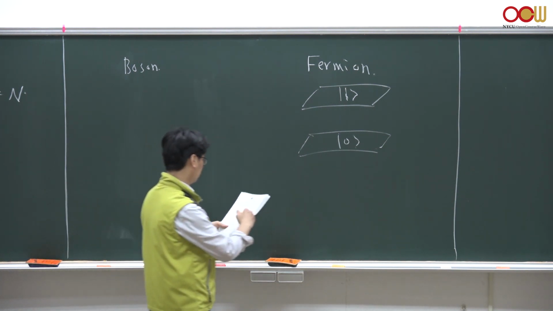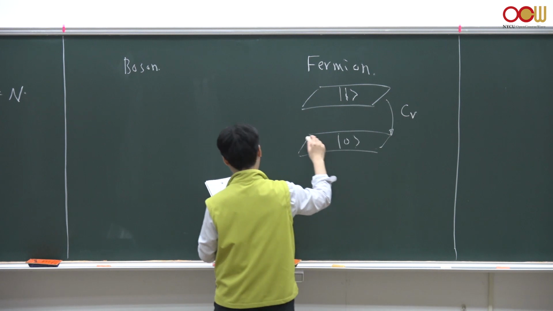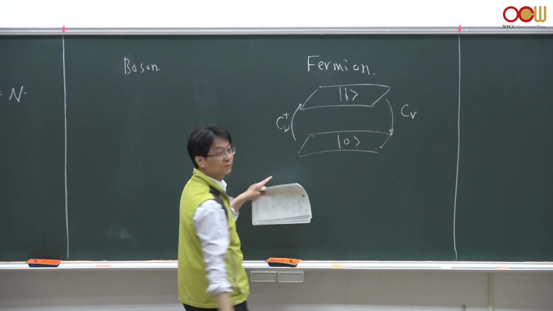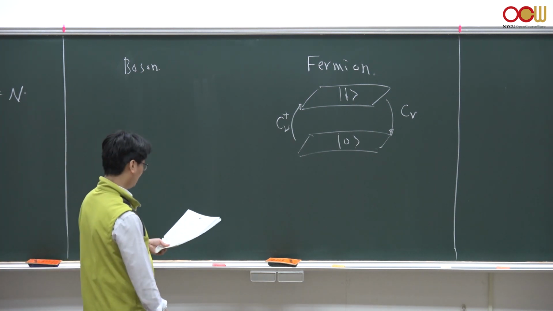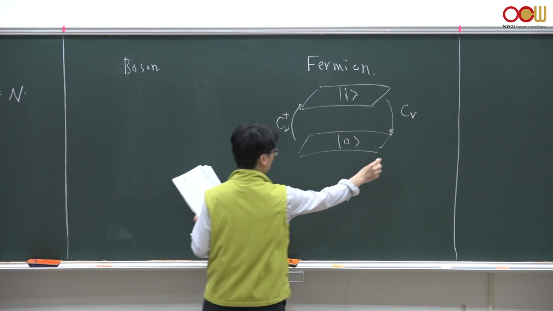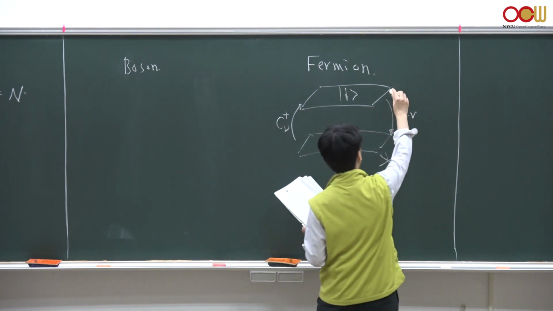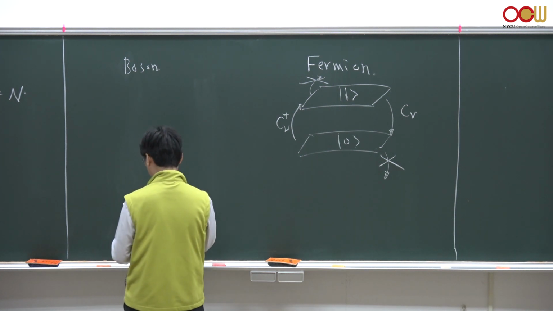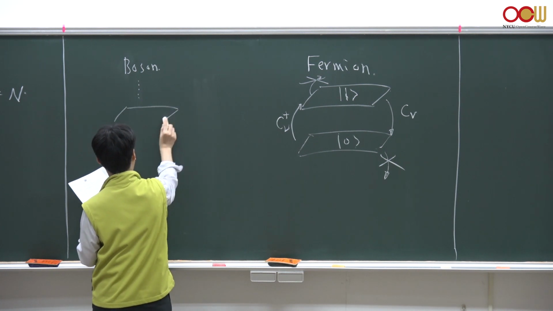We go from the second floor to the first floor by the destruction operator, and from the first floor to the second floor by creating a fermion. That's what we have discussed. We cannot go to the basement because there's no basement, and there's no third floor above the second floor. But for bosons, we have an infinite number of possible occupations.